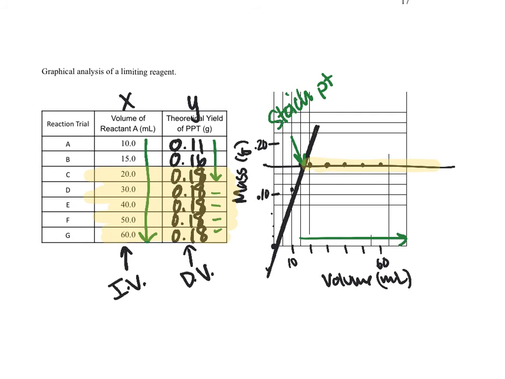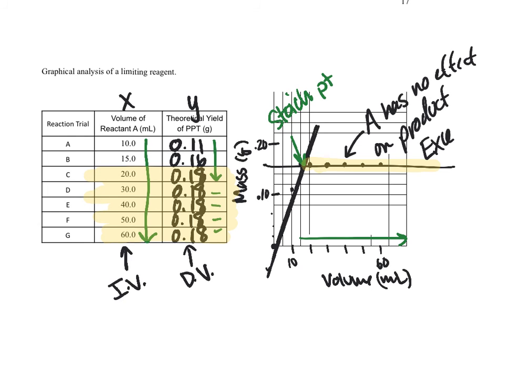And so we say that the reactant A here has lost control. So in this portion, A has no effect on the product. Okay, it's lost control, which means that this is going to be our excess reagent.